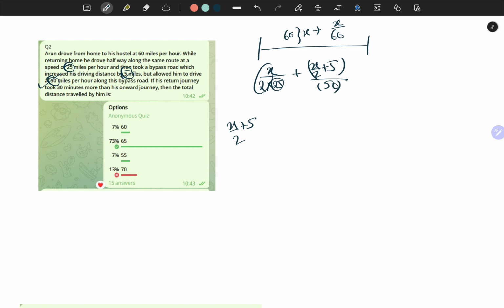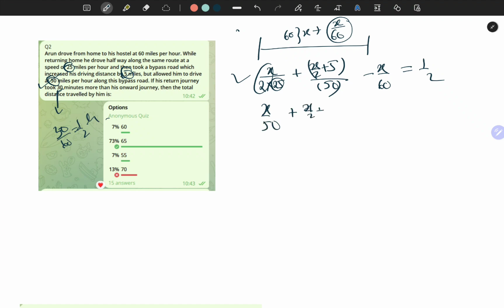Now this is the time in case 2, and this is the time in case 1. Given that the time difference is 30 minutes, which is 30 by 60 equal to 1 by 2 hours. Now let's subtract: x by 2 plus 5 by 50 minus x by 60 equals 1 by 2.